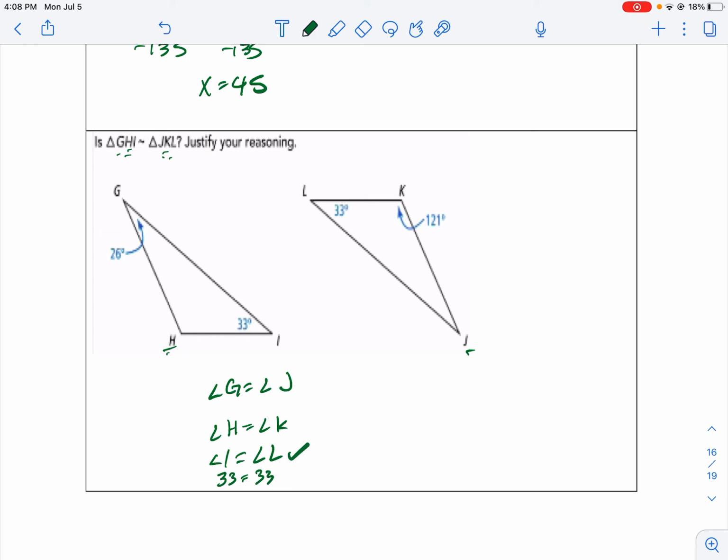So we either have to pick to find J or we have to pick to find H. In this case, I'll pick to find H. It doesn't matter. You can pick J. You'll get the same answer. So I have 33 plus 26 plus X equals 180. So I have 59 plus X equal to 180. Subtract 59.